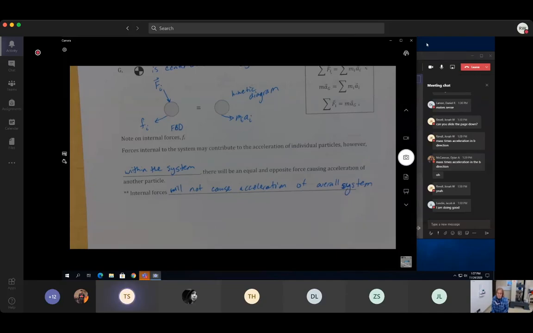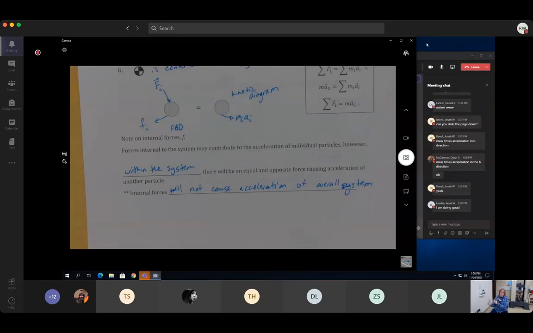Can you give an example of an internal force? Like I'm trying to understand, what would that be in a common day scenario? Yeah, so this is not necessarily what we're thinking about here, but if you think about an Olympic diver, for instance, and you think about all of their limbs and body segments as kind of particles within the system, they can move their arms, their legs, they can do flips, so they can cause acceleration of parts of their system with forces.